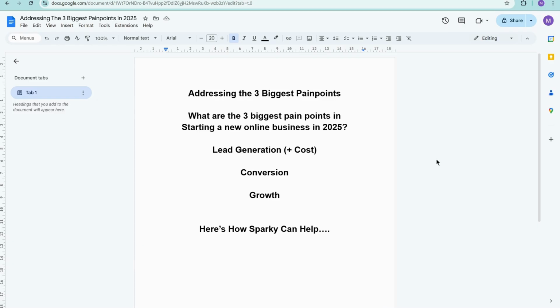But often because the offers are so saturated, everyone is trying to promote the same thing, those offers get sent to the same list of people every single time, right?